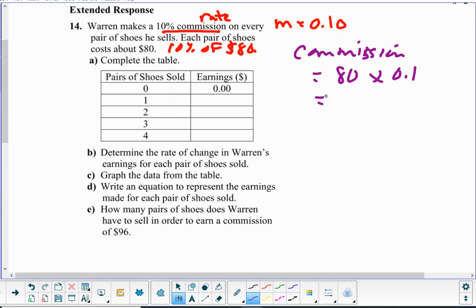And what are we going to get for that? Remove the decimal place. Try it on your calculator if you want, but basically he gets $8 of every shoe sale.